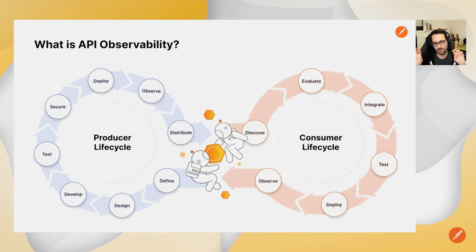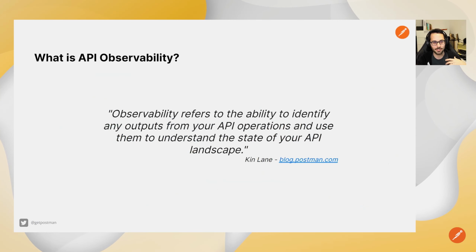So there's two sides to it in terms of observability, but if we had to define it, I'm going to quote Kin Lane, our chief evangelist here at Postman. In one of our blog posts, he defines observability as the ability to identify any outputs from your API operation and use them to understand the state of your API landscape. So it's not just a simple it works, it doesn't work, but understanding the entire landscape.